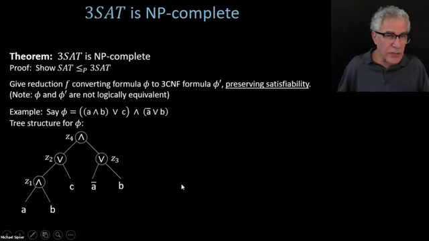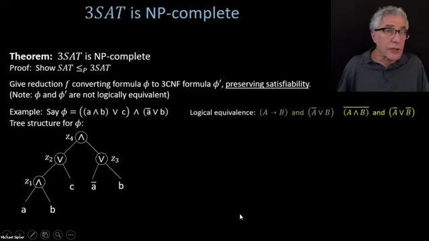And let's ignore negations for the minute, because you can always push those down to the leaves, but it's just going to make it too complicated. So negations turn out not to be a problem. There are only going to be negations at the level of the inputs, not negation operations in the middle. Okay, so we have this tree structure here.